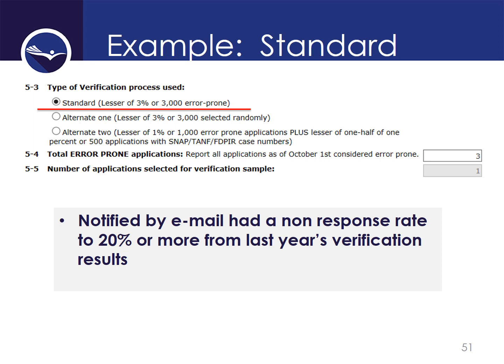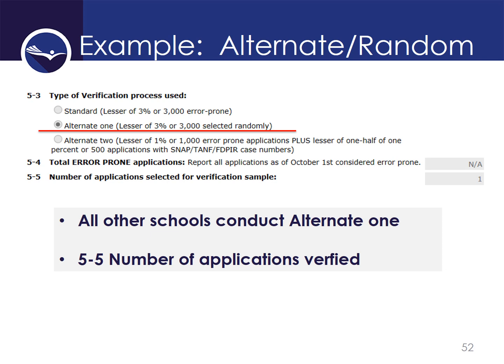Schools notified by email that they must conduct error-prone verification are to select Standard and report the total number of error-prone applications they had on file in 5-4. So in this example, the SFA would select one application to verify from the 3 error-prone applications. All other SFAs will select alternate 1 in 5-3.